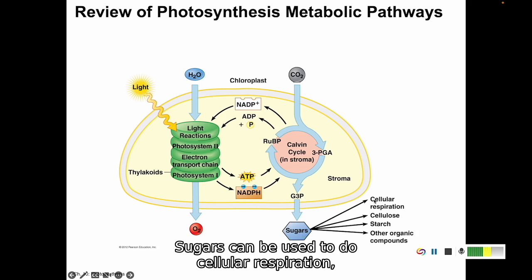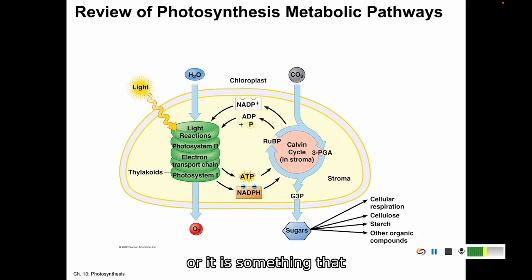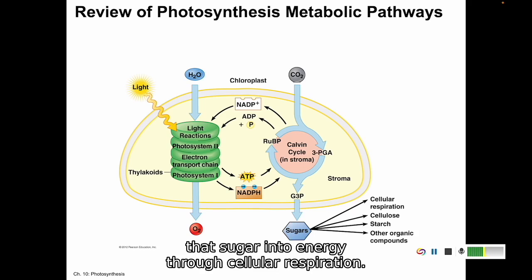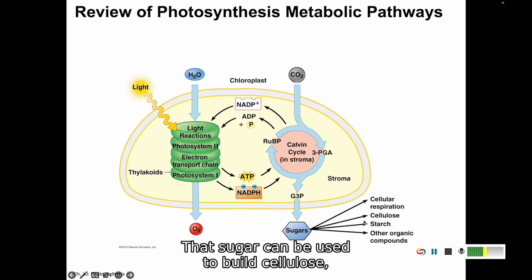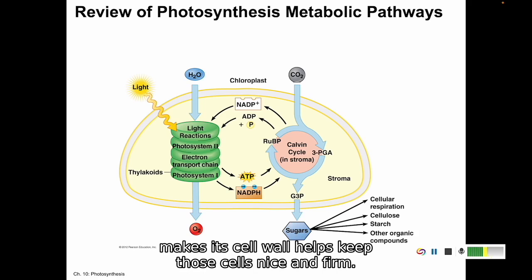Sugars can be used to do cellular respiration, whether it is the plant itself that needs to go through cellular respiration, or it is something that has eaten that plant and is going to turn that sugar into energy through cellular respiration. The sugar can be used to build cellulose, which is a structural polysaccharide in plants, makes its cell wall, and helps keep those cells nice and firm.